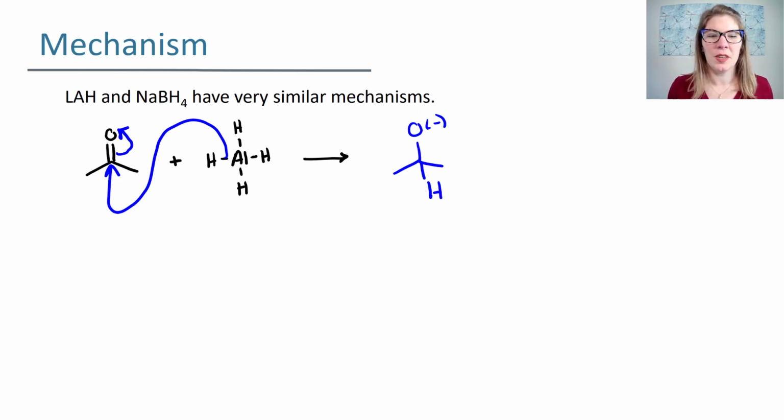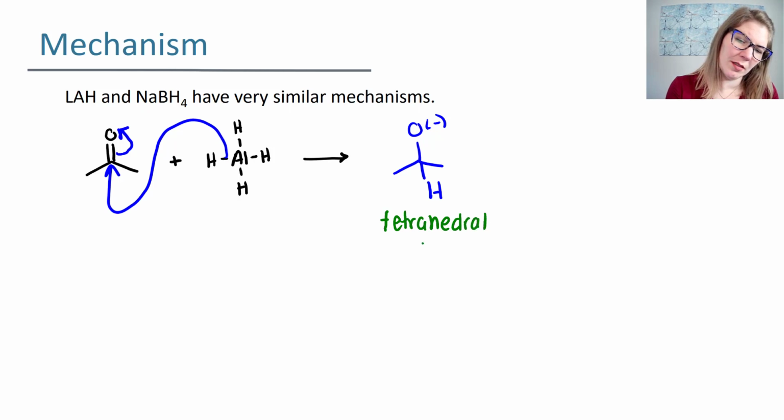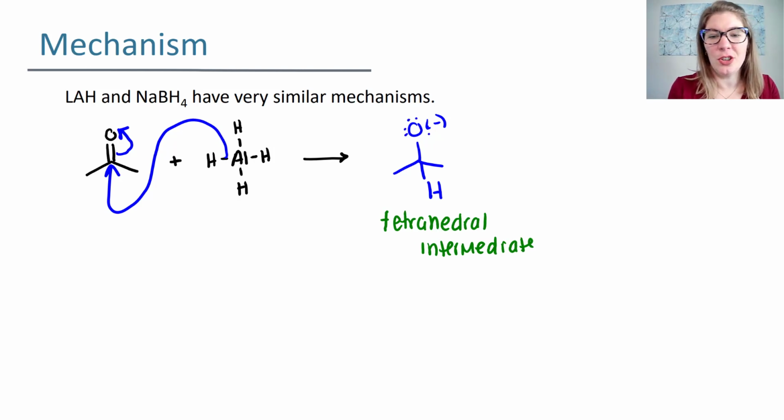At this point, we've made something that's called the tetrahedral intermediate. That tetrahedral intermediate can't do a whole lot. All that we can do at this point is protonate it.